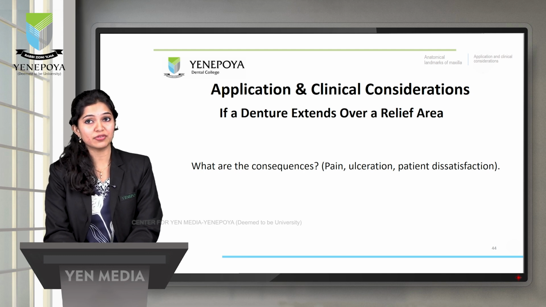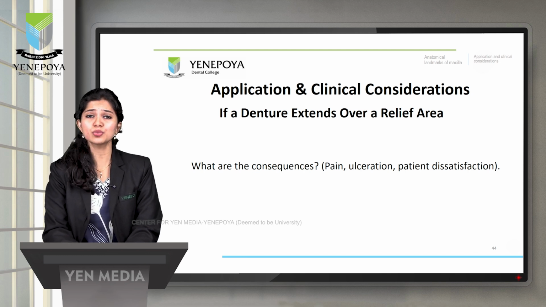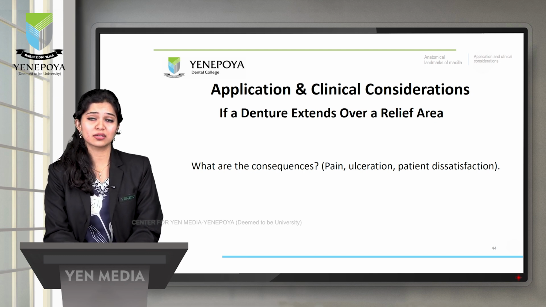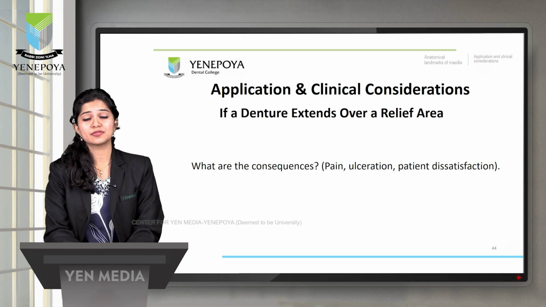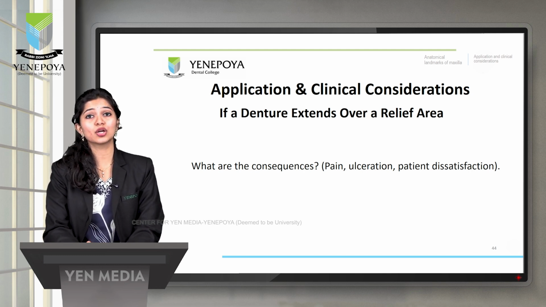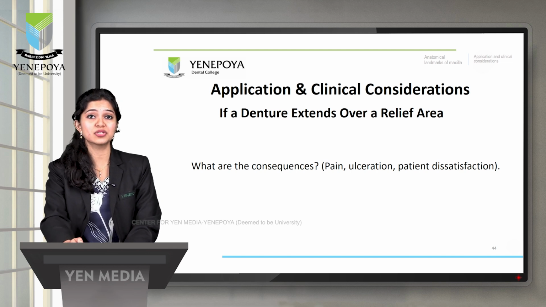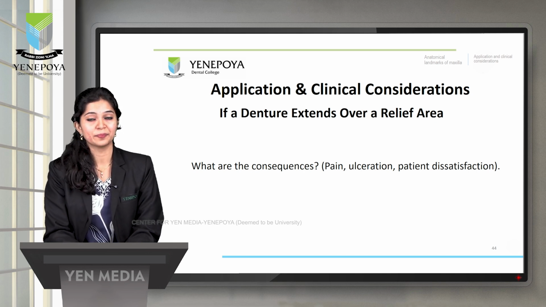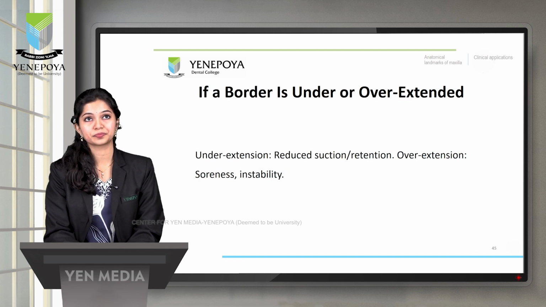So all of these three factors, choosing an impression material, choosing an impression technique, and considering these landmarks while you're constructing a denture, that is your spacer designs and everything, and the consequences of what could happen if you have not relieved a denture, or you've given too much stress or pressure on a particular landmark. All of this can have certain consequences, and that is why it becomes important to know about the landmarks.